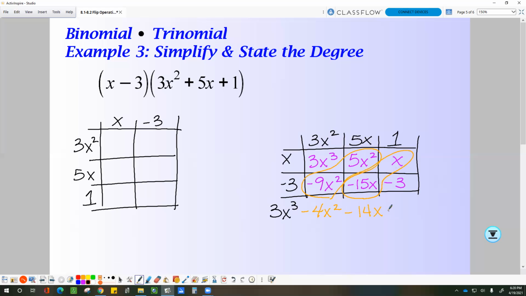Negative 3, I can't combine with anything. So this is my simplified, multiplied answer. And this polynomial is a degree 3.